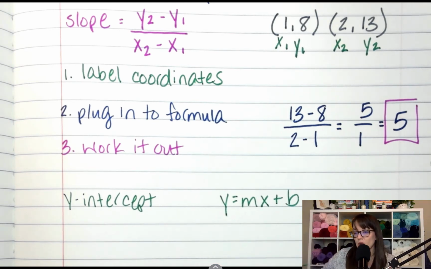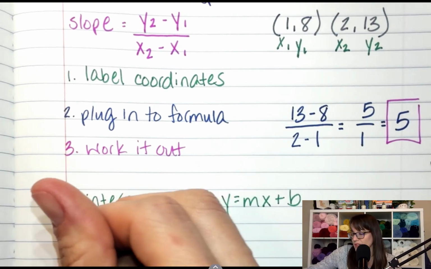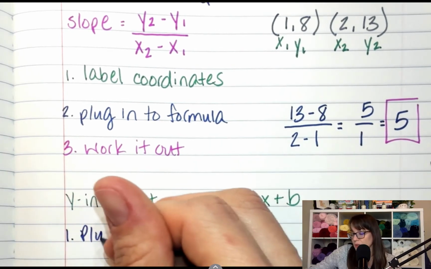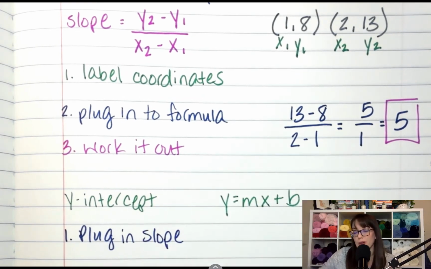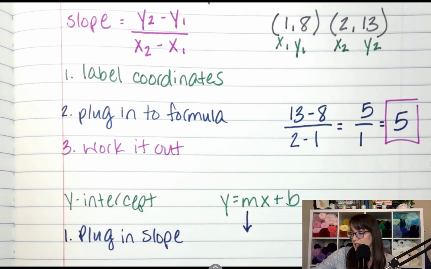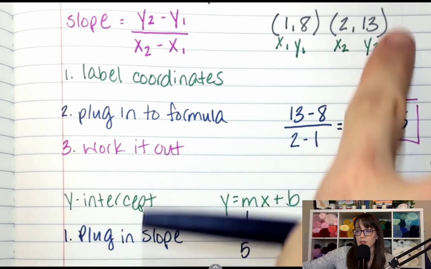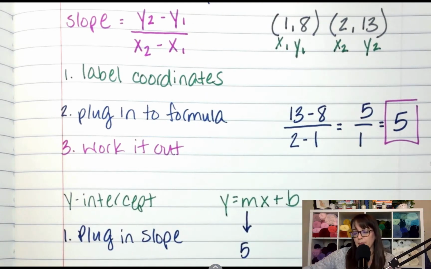I now know the slope. How much is slope? It's 5. So when I do this, the first thing I'm going to do is plug in slope. So you need to figure out slope before the y-intercept. So m is 5. And now I need to go back to my original coordinates, and I need to pick one. I need to pick a pair.